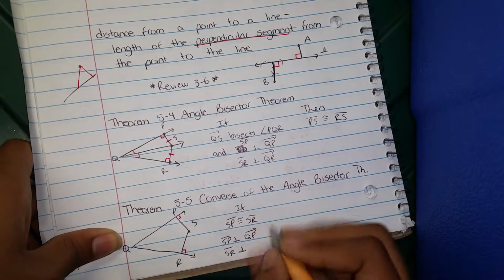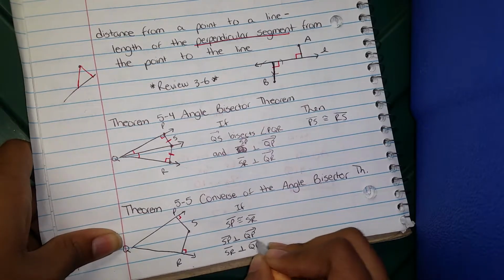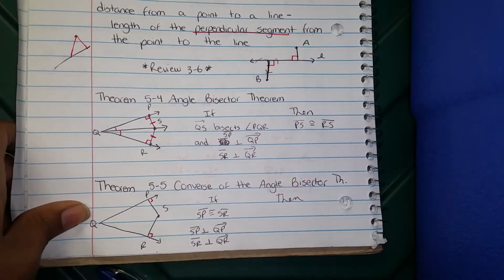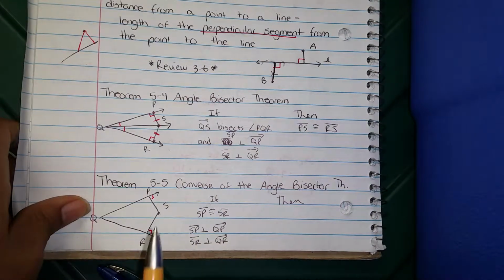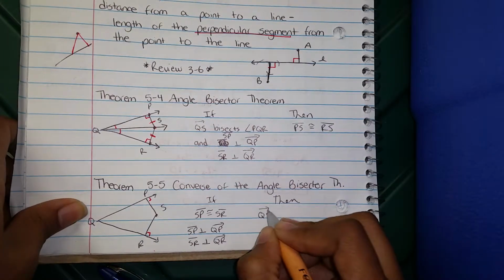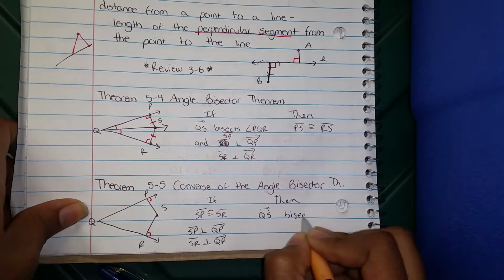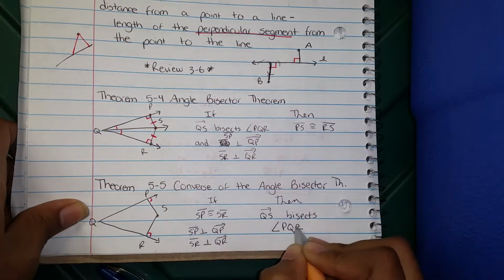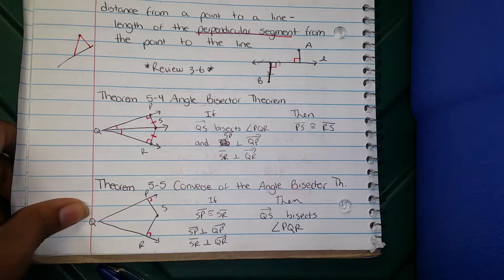I should draw my arrows. Then that means that S is on the angle bisector. So then QS bisects angle PQR. Okay?